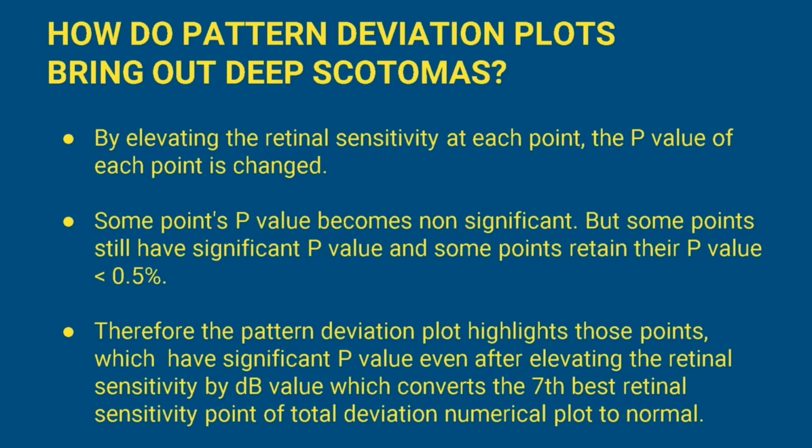Some become non-significant, some will have some significance left, and some retain their p-values of even less than 0.5%. Therefore, the pattern deviation plot will highlight such points which have retained their p-value of less than 0.5% even after we have elevated the retinal sensitivity by a decibel value which converted the 7th best point to normal, and such points indicate the deep hidden scotomas.